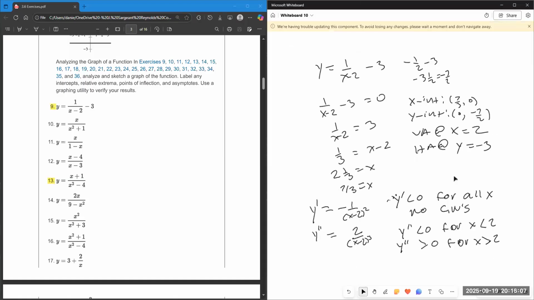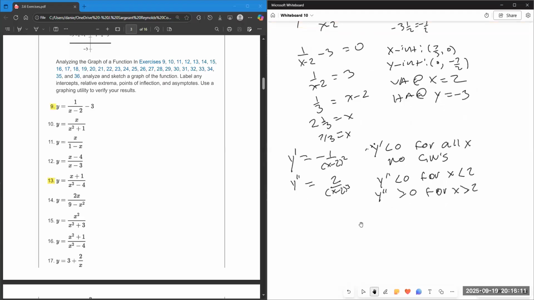So with all that information, I should be able to somewhat sketch here. There's no point of inflection because there's nowhere where the second derivative is equal to 0. The sketch here at 2, there's a vertical asymptote. At negative 3, there's a horizontal asymptote.